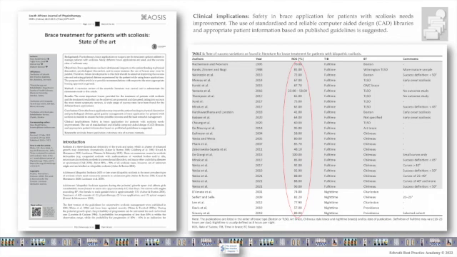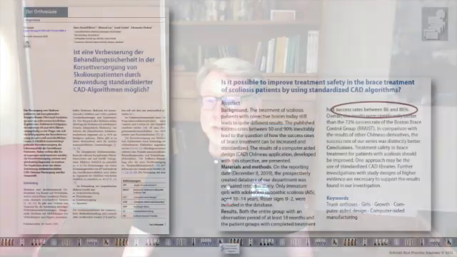While highly corrective Chêneau braces perform significantly better than Boston braces, there are also studies with Chêneau-style braces, obviously with insufficient quality and with a very low success rate. The Gensingen brace is subject to quality management and is characterized by a success rate of about 90%.